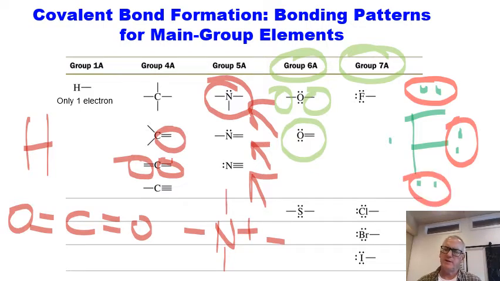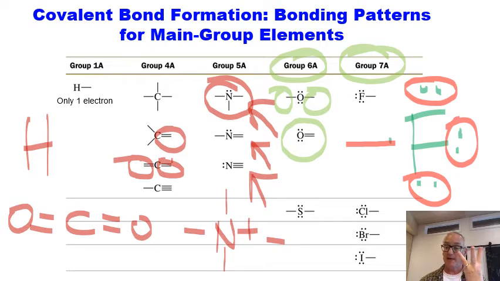So how many bonds do you think fluorine's going to make? That's right, just one, because it only has the one unpaired electron, and only unpaired electrons get bonded, okay? So since carbon has no paired electrons, it has 4 unpaired electrons, it makes 4 bonds.